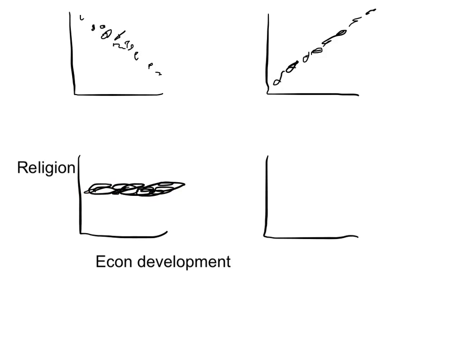Another answer that would be just as good would be this one. In this case, as religion goes from low to high, economic development doesn't go anywhere. It stays right there.